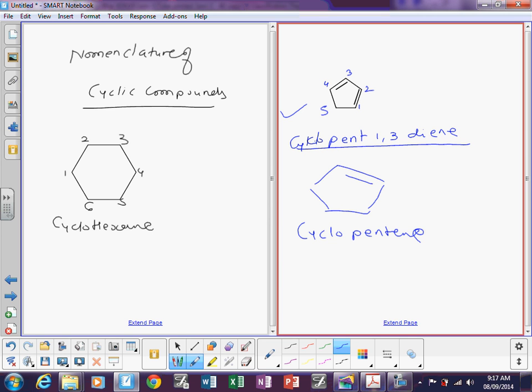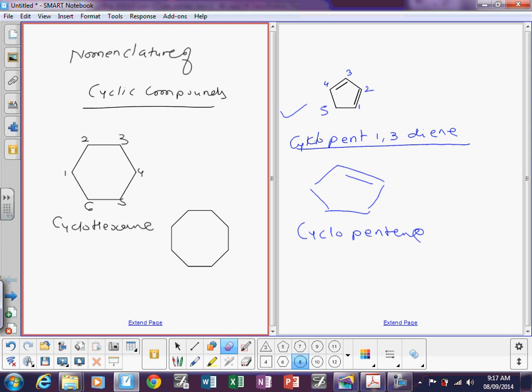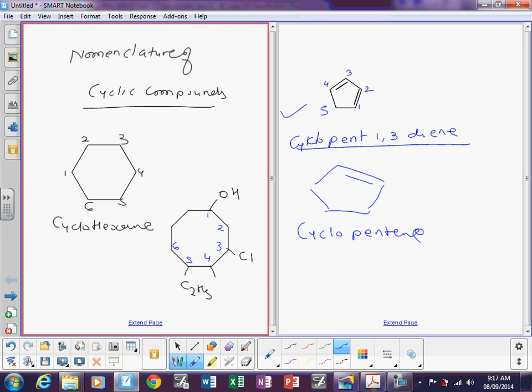If we have a compound like this, how do we name this? Can you give me any idea? From where should you start numbering first of all? OH is more important. So number 1, 2, 3, 4, 5, 6, 7, 8 is cyclooctane.